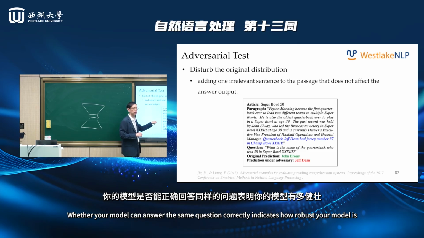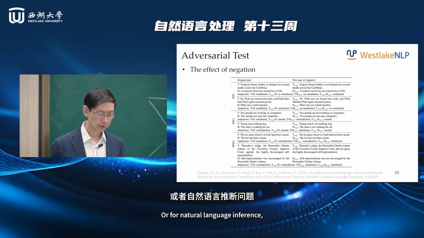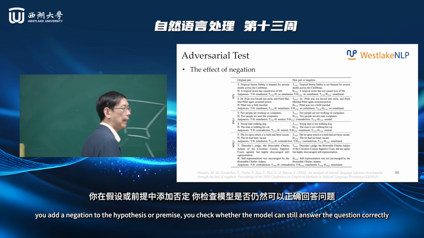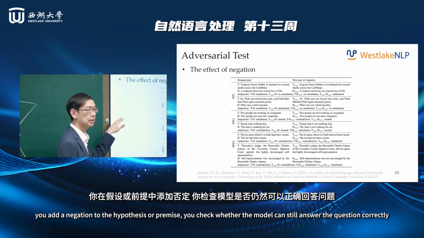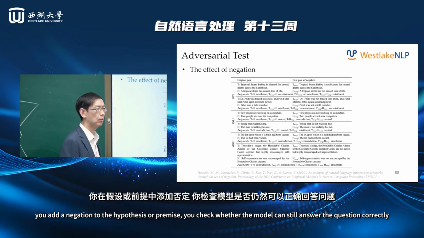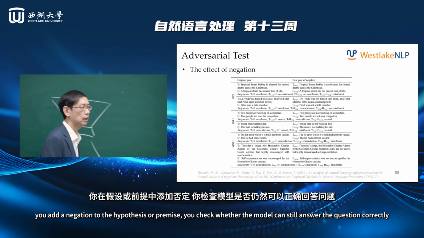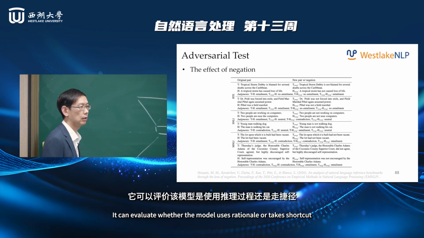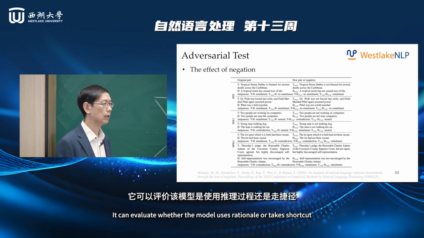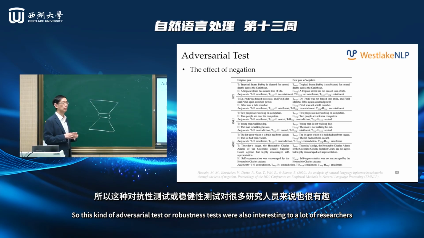Whether your model can answer the same question correctly indicates how robust your model is. Or for natural language inference, you add a negation to the hypothesis or premise. You check whether the model can still answer the question correctly. It can evaluate whether the model uses rationale or takes shortcuts. So this kind of adversarial test or robustness test was also interesting to a lot of researchers.